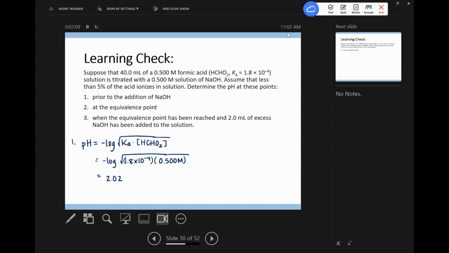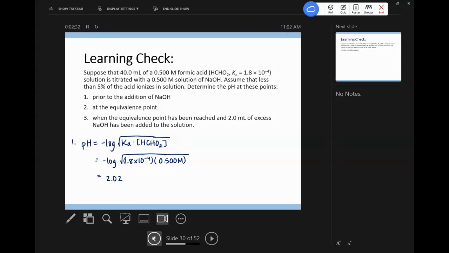First is before any base is added. So just that weak acid solution, what's the pH of that? Then at the equivalence point, which we're about to do, and then after the equivalence point has been reached and more base is added. So the pH continues to increase. We're getting more and more basic as base is being added to the weak acid.